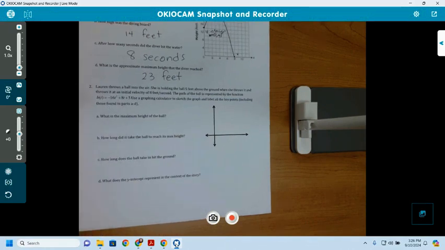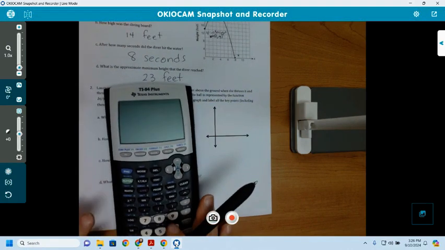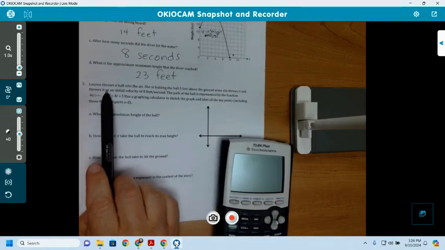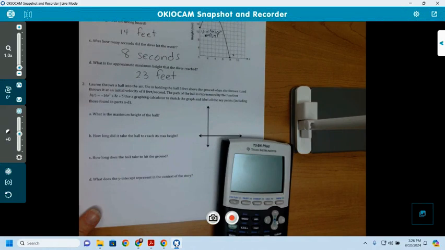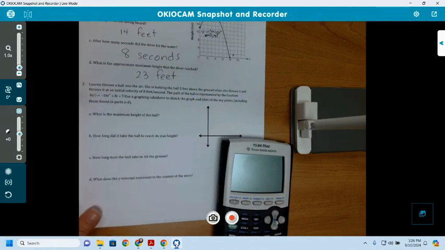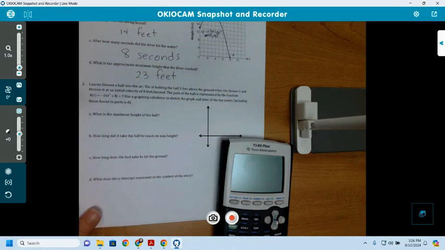This question, you need your graphing calculator. It says, Lauren throws a ball into the air. She is holding the ball 5 feet above the ground when she throws it and throws it at an initial velocity of 8 feet per second. That means how fast it was going when she first threw it.